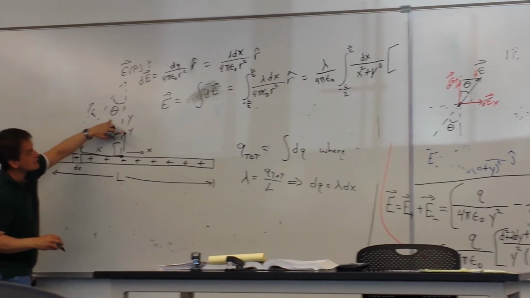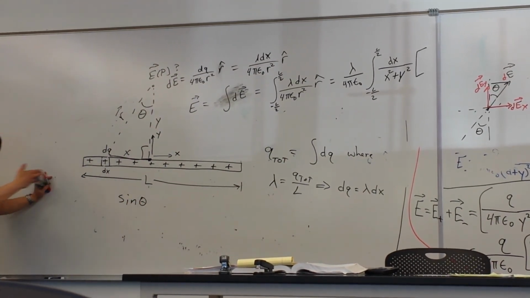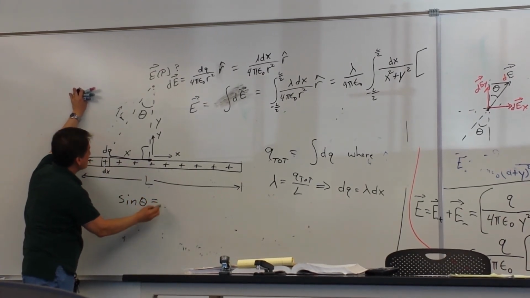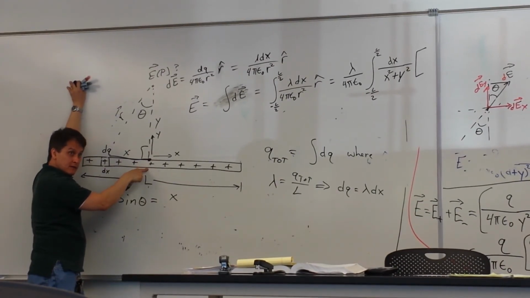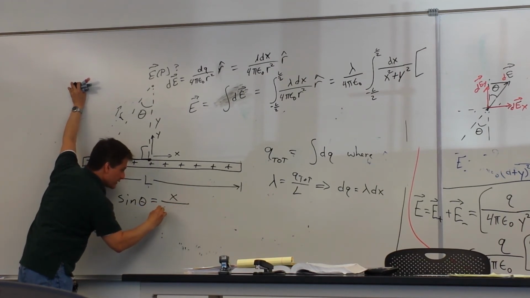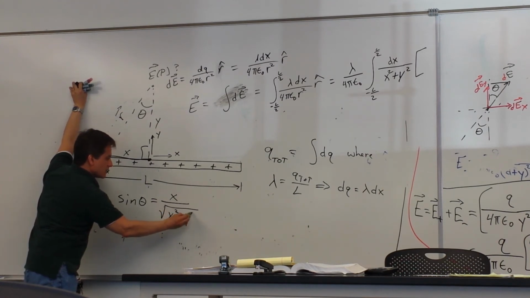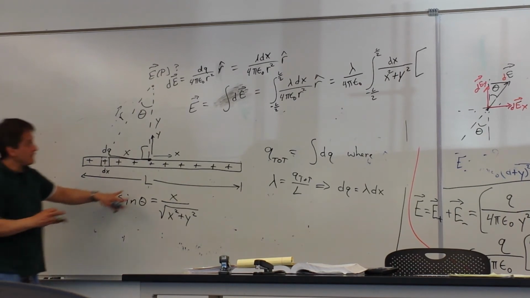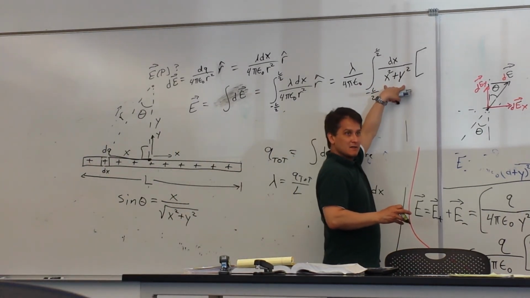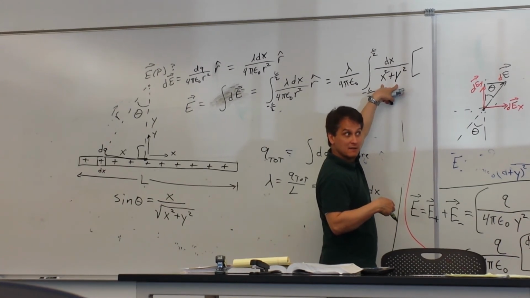Cosine of this angle, and we start with the sine. The sine of this angle, expressed in terms of x as we move along, and y, would be related to wherever this charge is located along x, divided by the square root of x squared plus y squared. By doing that, I've got a function, at least in the x direction, that has the integrable variable x.